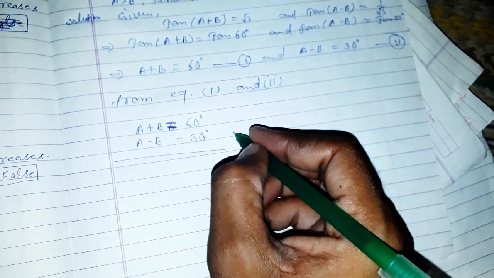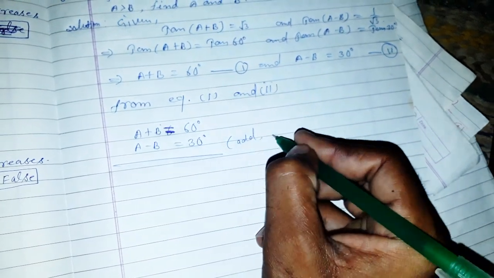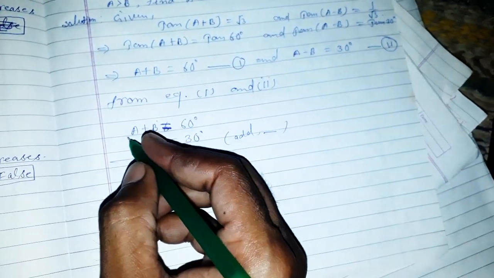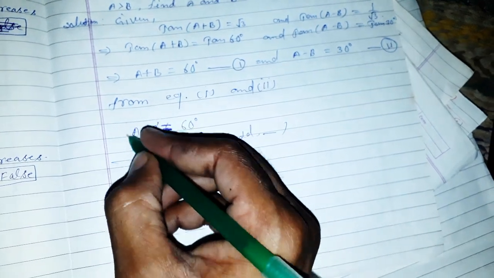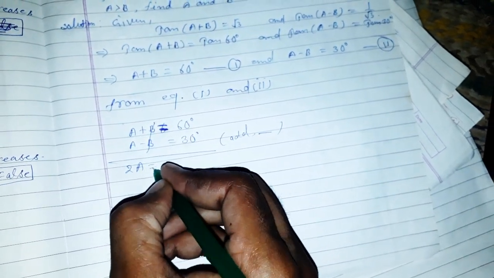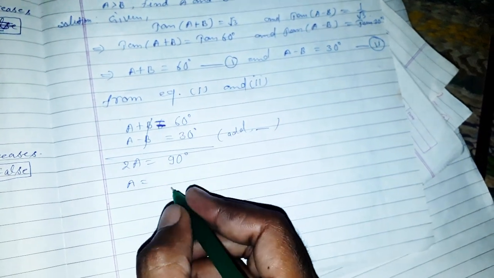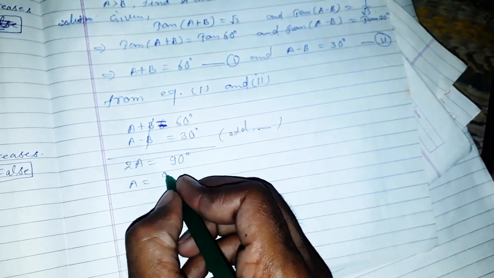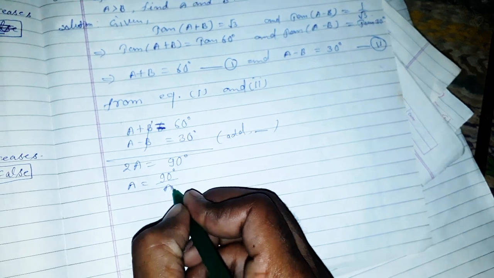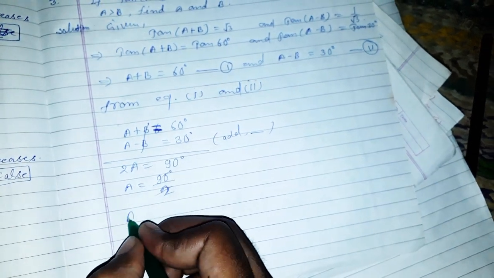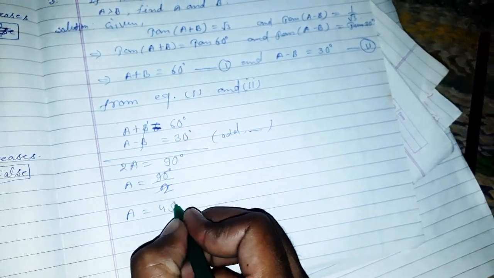So adding these equations, B cancels out and 2A is equal to 90 degree. So here A is equal to 90 upon 2, so A is equal to 45 degree.